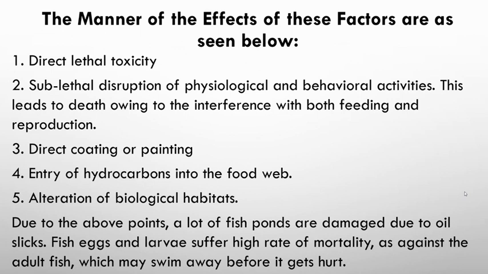Some of them will begin to migrate to different places. The fishes can begin to swim to far places. Then the eggs and larvae that do not have the capacity to float or swim might die off and reduce the population.